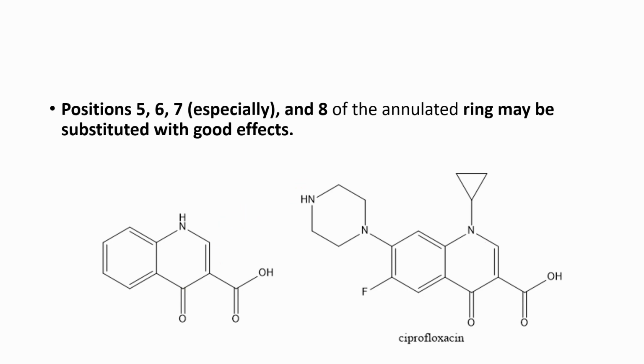Next SAR, positions 5, 6, 7 and 8 of the annulated ring may be substituted with good effects. So let's count. 1, 2, 3, 4, 5, 6, 7, 8. So 5, 6, 7, 8 are all good for substitution. However, some substitutions are better than others.